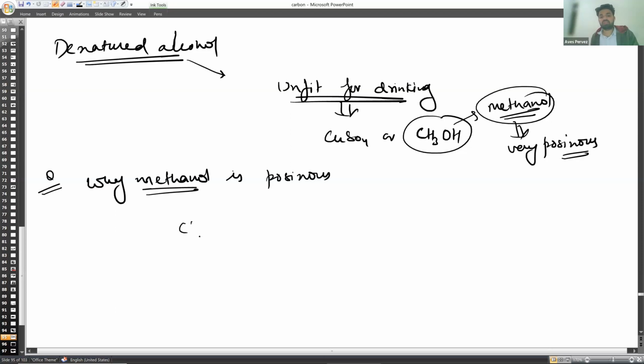When CH3OH converts in the liver, it gets converted into methanal, HCHO. This is methanal, a one carbon aldehyde.